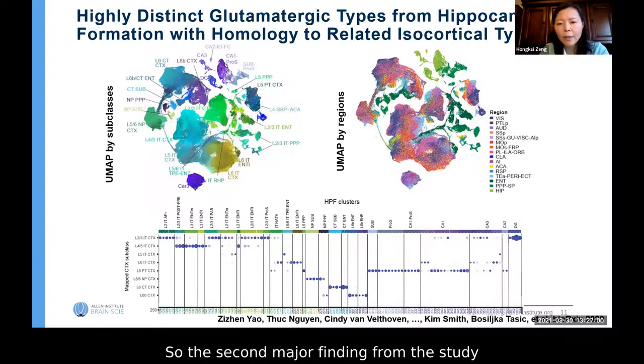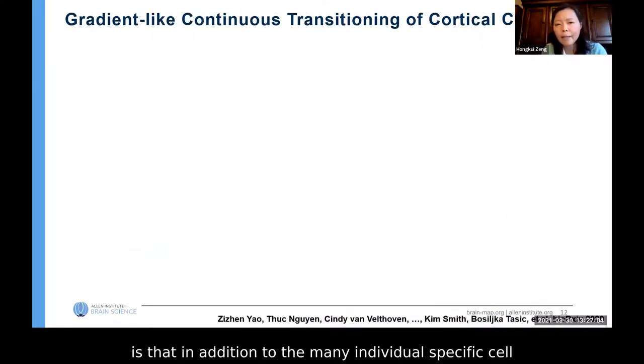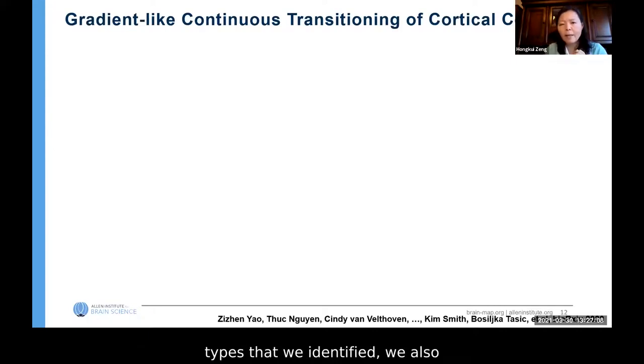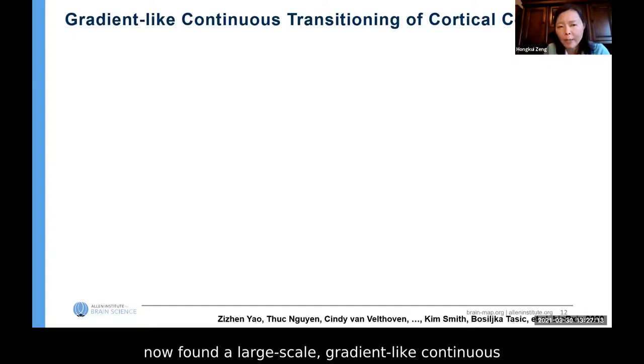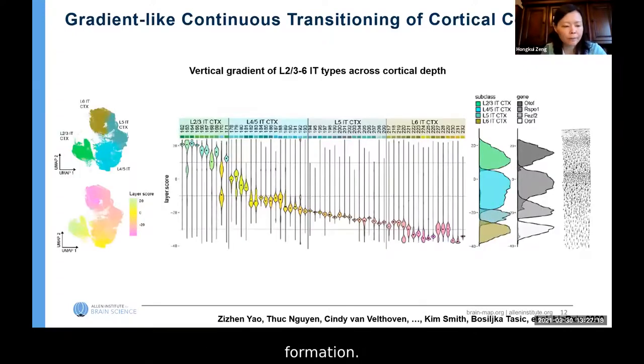Okay, so the second major finding from the study is that in addition to the many individual specific cell types that we identified, we also now found a large-scale gradient-like continuous distribution of cell types in both cortex and hippocampal formation.